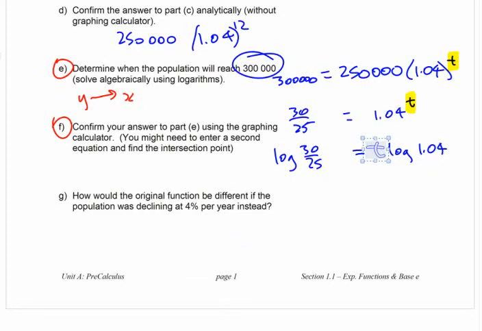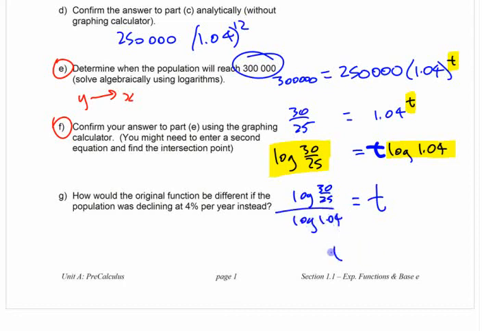Here's a replay of that. Make sure you're okay with that idea that log of 1.04 to the t, put this in front, and then you could just solve for it, because it's just t times this number equals this number. Both of those are just numbers. You can solve for them. So this is going to be log of whatever 30 over 25 is divided by log of 1.04.